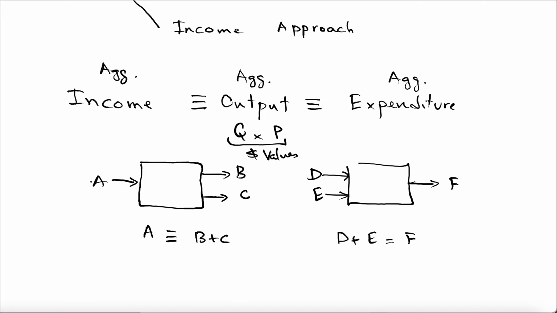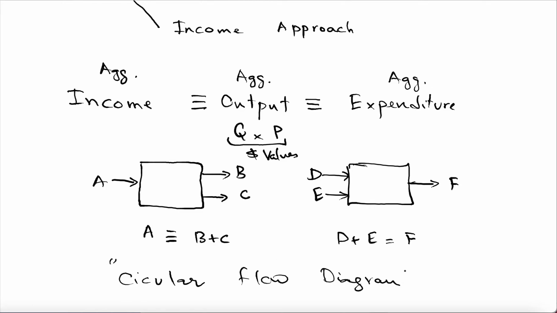So dollar value in, dollar value out, always are equal in every node or every reactor or exchange, energy exchange components of the circular flow diagram of the economy.